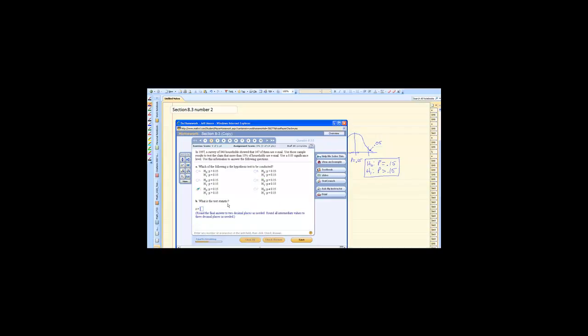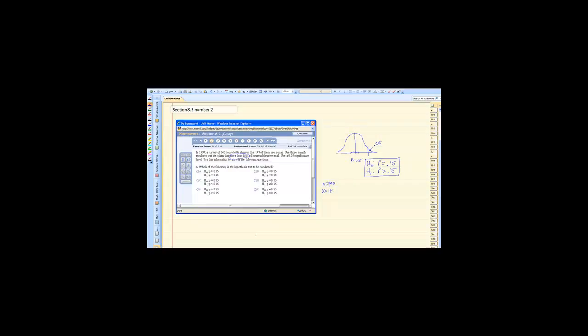Now we need to find the test statistic. We're told in the problem that there were 840 observations and 147 successes. So n will be 840 and x will be 147.